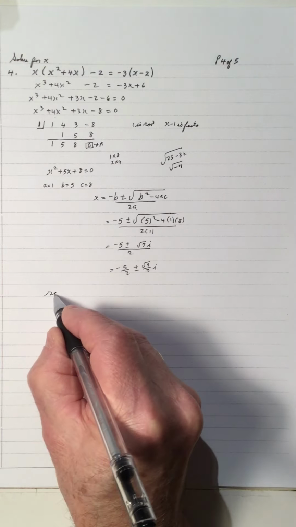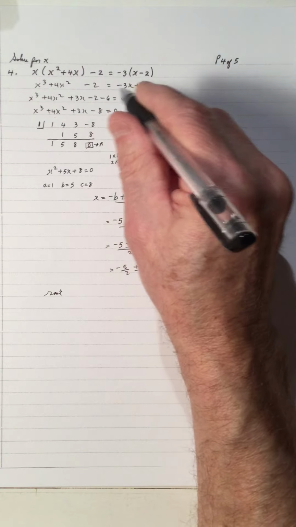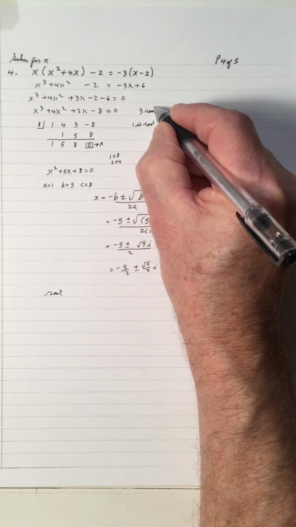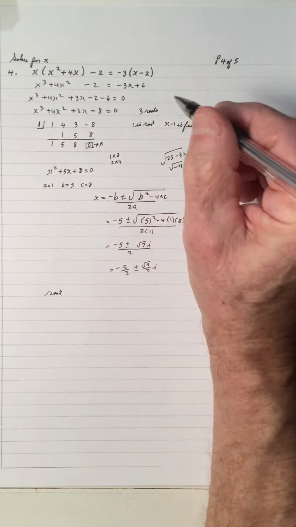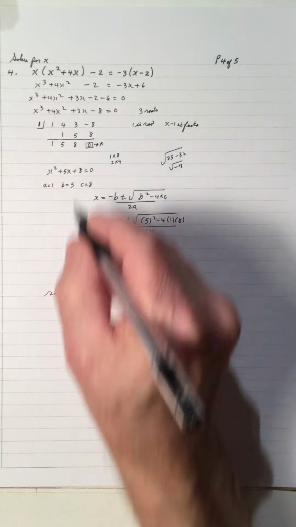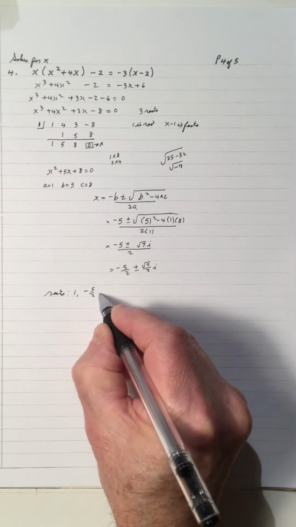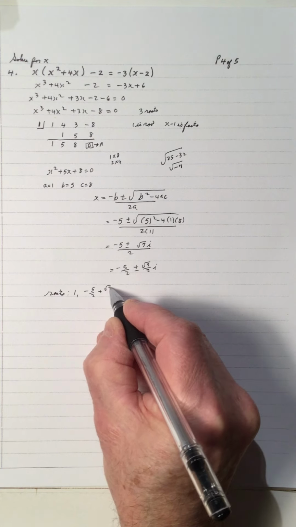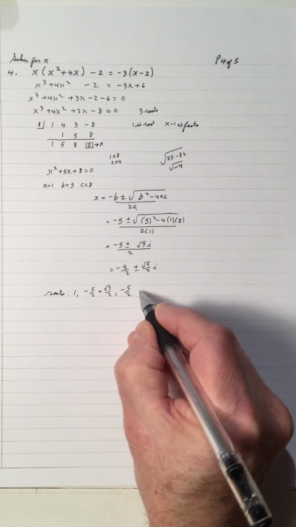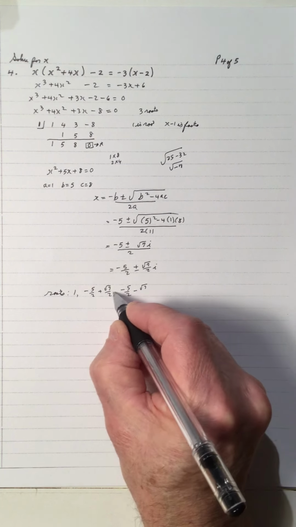And so the roots are, again, did I do it? There are x cubed, so there are 3 roots. Keep reminding me there are 3 roots. So the roots are, one of them is 1, and the other ones are negative 5 over 2 plus root 7 over 2i, and negative 5 over 2 minus root 7 over 2i.